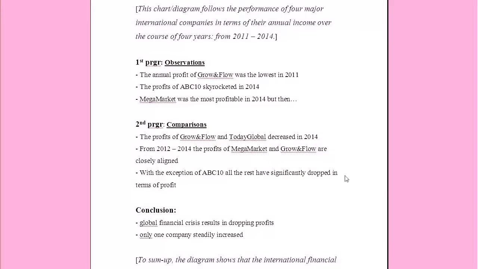In your next paragraph, second paragraph, you can start with comparisons. So, mainly, these are just examples. The profits of Grow&Flow and Today Global decreased in 2014. From 2012 to 2014, the profits of MegaMarket and Grow&Flow are closely aligned. They are together. And with the exception of ABC10, all the rest have significantly dropped in terms of profit over here. Okay, so these are just notes of just stating what you can see by comparing the information.